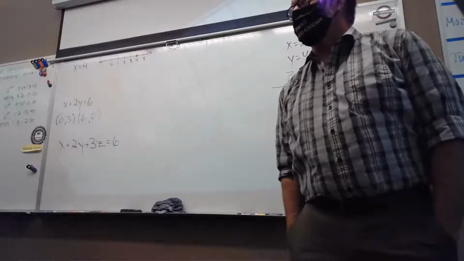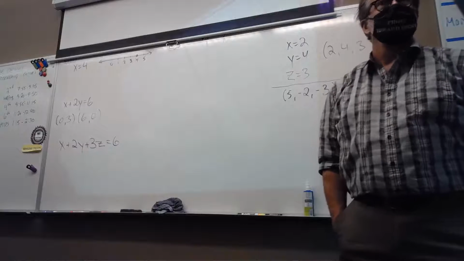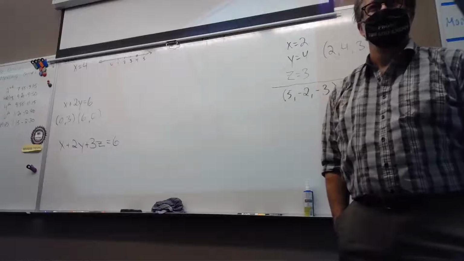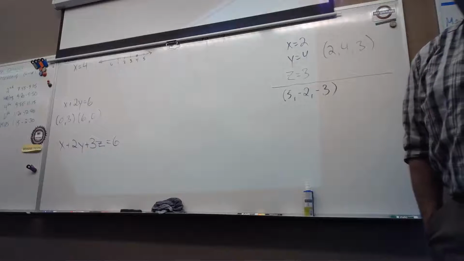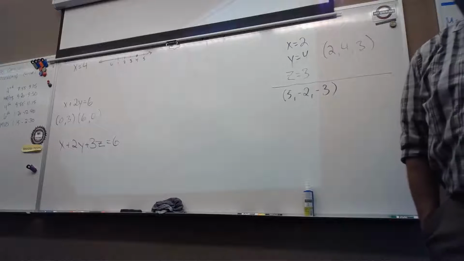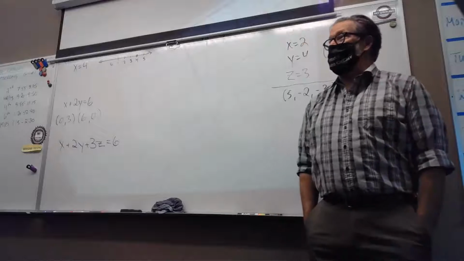You have 4 quadrants on a regular graph, so you need 8. 7 more. All right, let's see what we got.